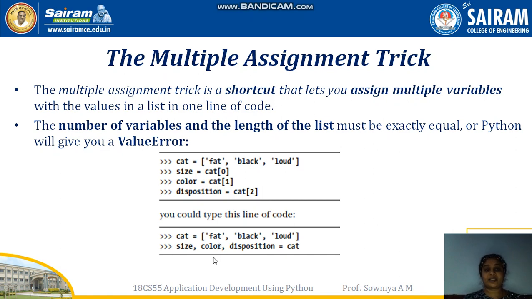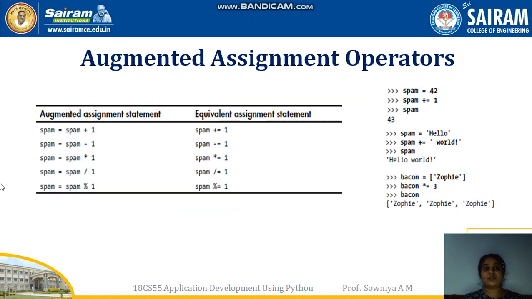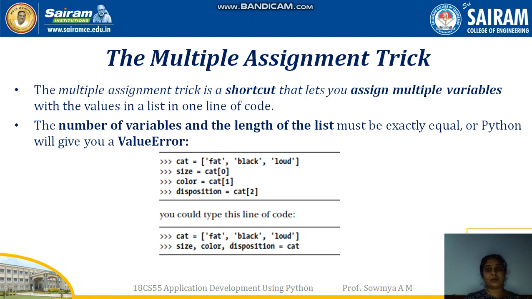If I take size, color, disposition is equal to cat, then this can be typed in one line like this, which is equivalent. So with multiple assignment in one statement, you get the size, color and disposition of the cat, instead of separate assignment statements for each value.